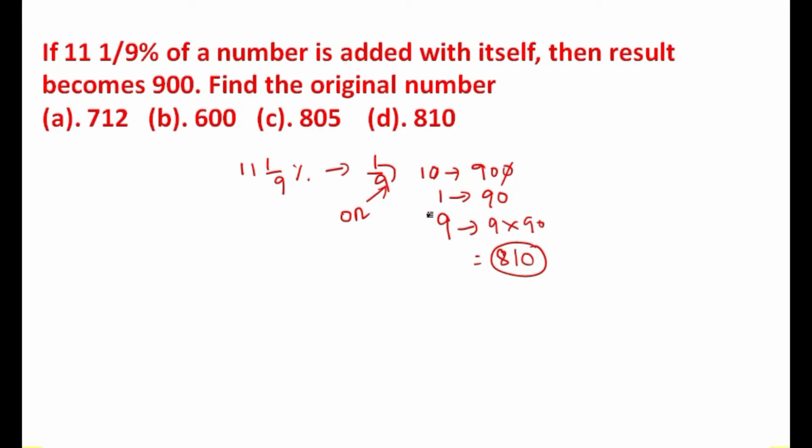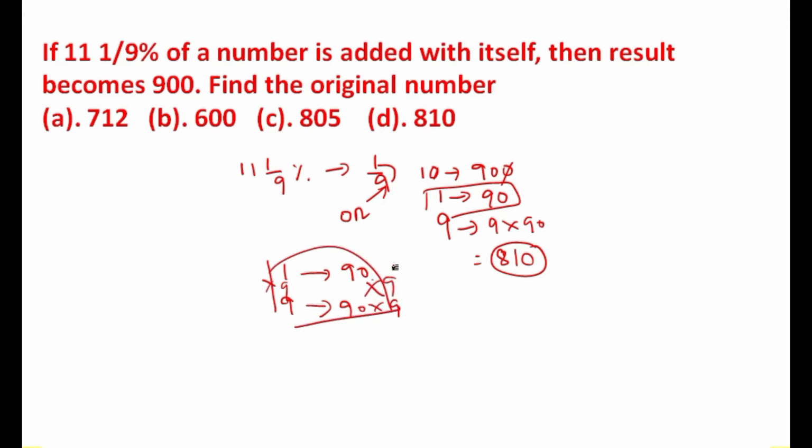Getting my point? Look guys, here what I did. If 1 represents 90, then we have to find out the value of 9. If 1 is 90, then 9 will be 9 multiplied by 90. So our answer will be 810. Fine.